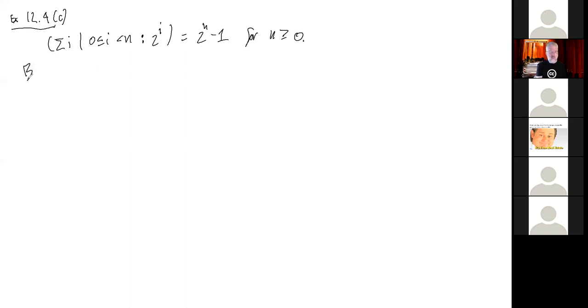So the base case is going to be n equals 0. And we know it's 0 because that's the smallest value that this is supposed to be true for. And all you do is you plug in 0 for all the n's.